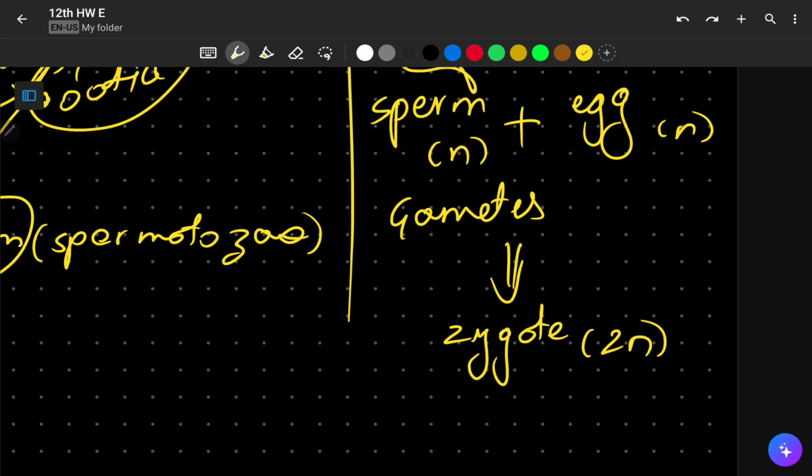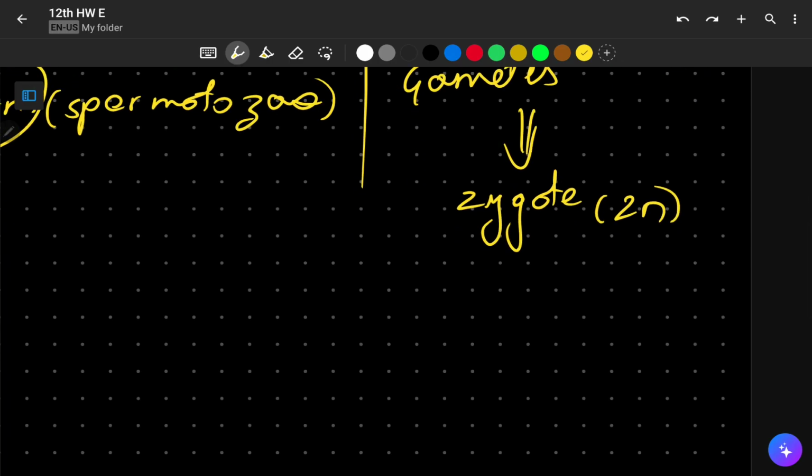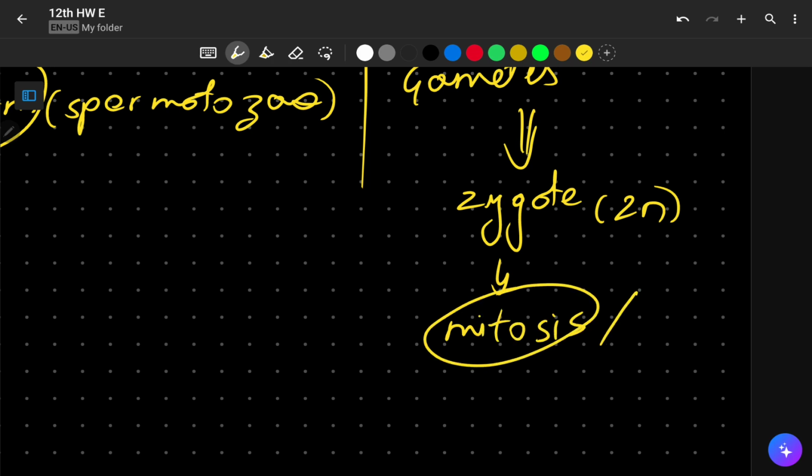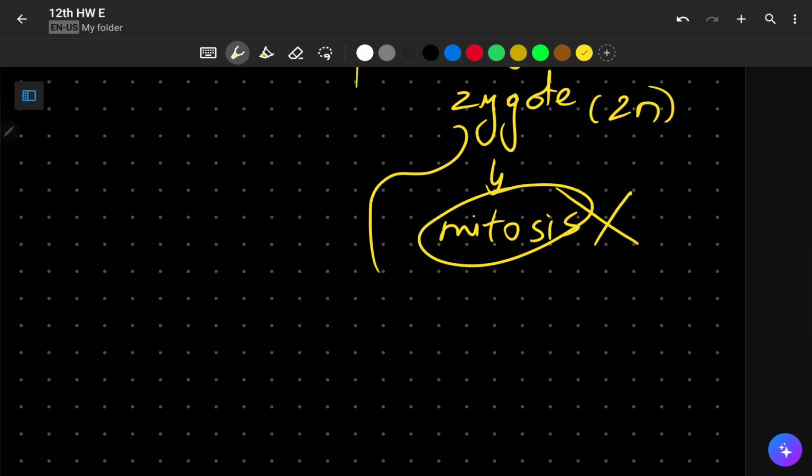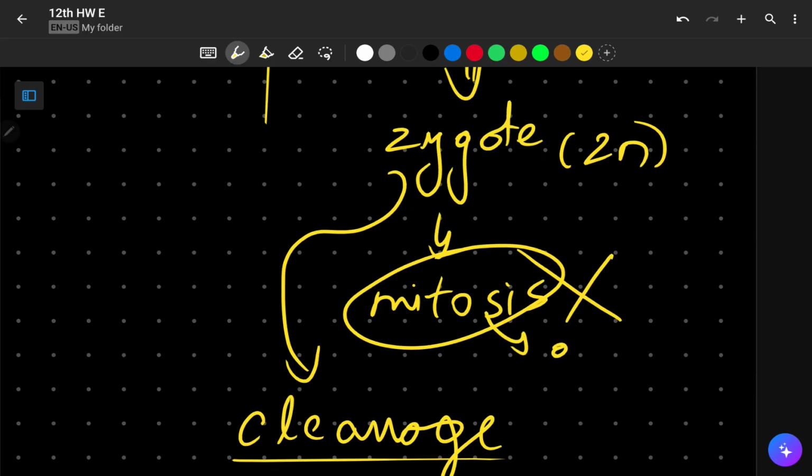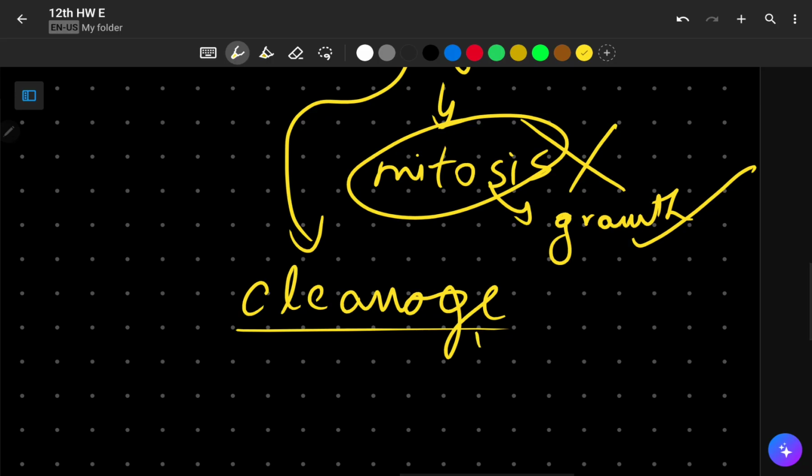So what I want to emphasize here is the fact that the zygote does not undergo mitosis, but actually undergoes a process called as cleavage, which is basically mitosis. But the difference between cleavage and mitosis is that mitosis has growth period, whereas cleavage does not have a growth period.